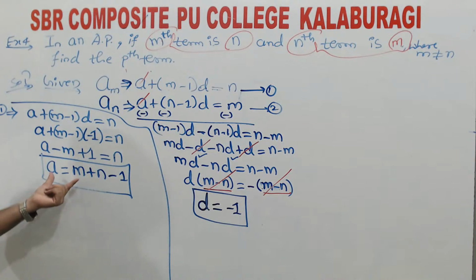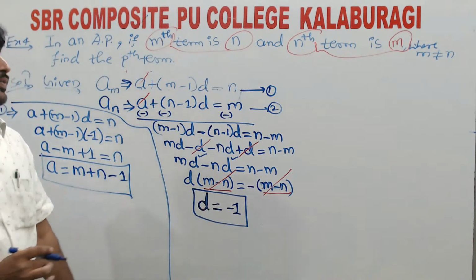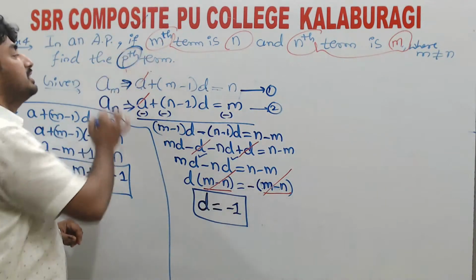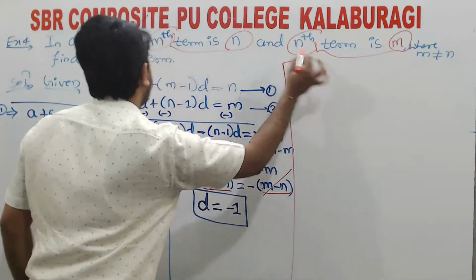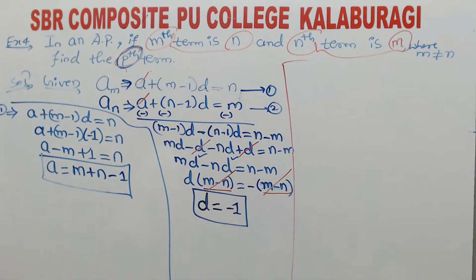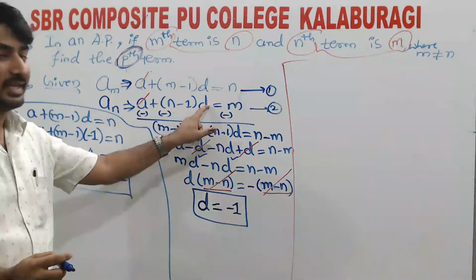So we know the value of the first term and the common difference. Now we have to find what they are asking, the pth term. I will find the pth term now. The nth term means a plus n minus 1 into d.